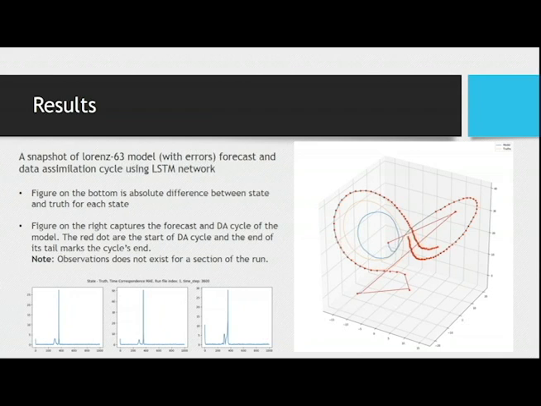We stop the insertion of data at this point. The solution continues, but by here, they begin to depart from the true solution. The true solution goes around here. I think we're on the blue line. We go around here. And at this point, we start to insert data again.